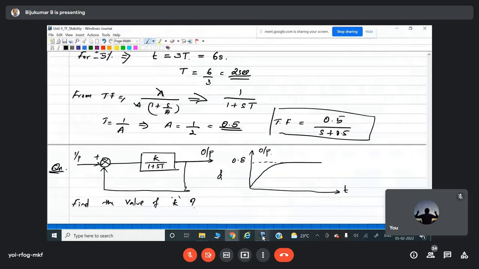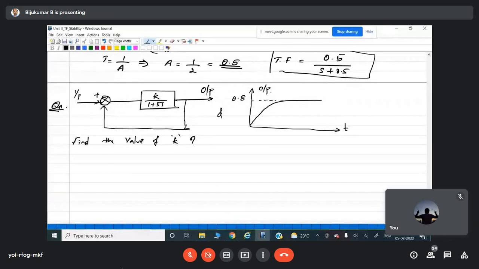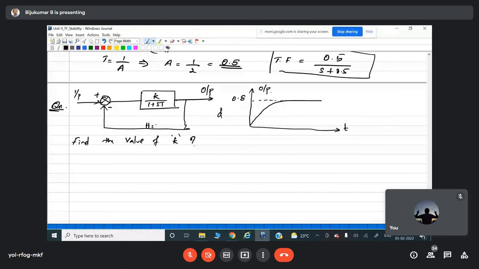So a system block diagram is given and the corresponding output is also given. The question is to find the value of K. How will you find it? This is a closed loop system, right? The given system is a closed loop system with gain 1, so it is a unity negative feedback system.